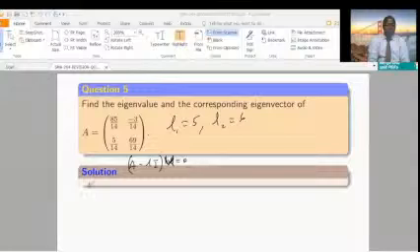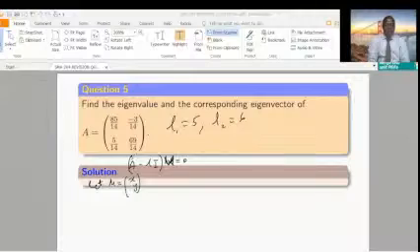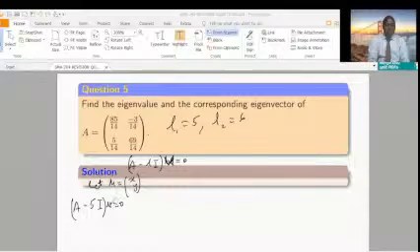So I want to let mu be xy, because I'm dealing with a 2 by 2 matrix. And lambda here is 5. So I'll take A minus 5I and multiply by mu and equal to 0. This is the same as subtracting 5 from the leading diagonal.